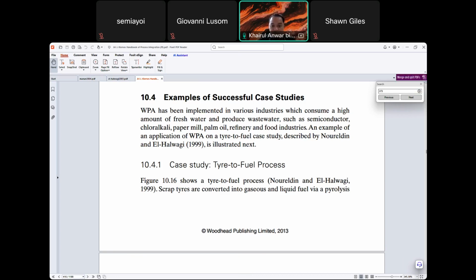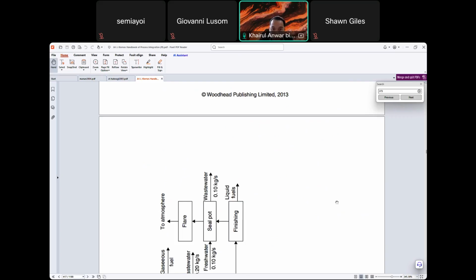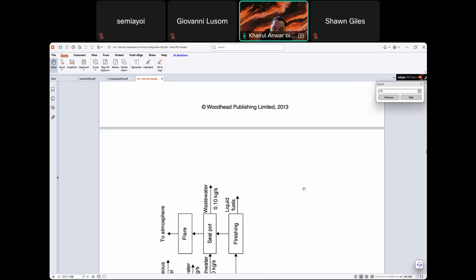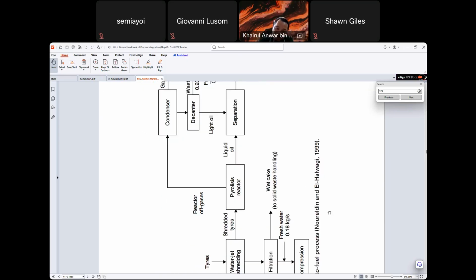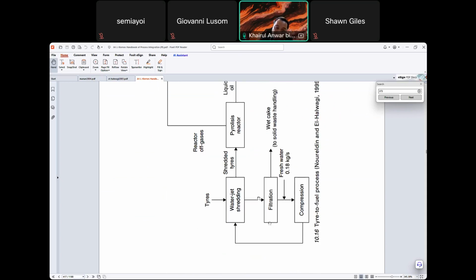This is the tire petroleum process, so the scrap tires are converted to liquid fuel via pyrolysis. So meaning this process is not new, converting rubber to liquid fuel. It's 1990. This is based on the actual process.